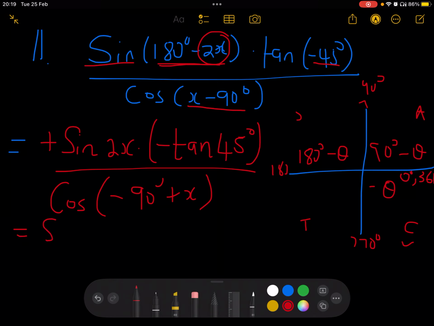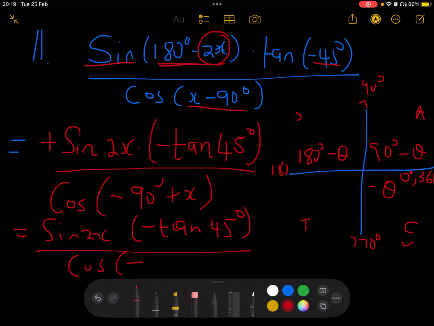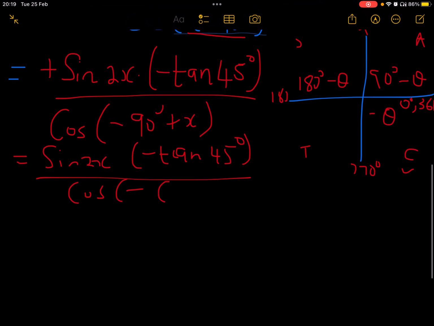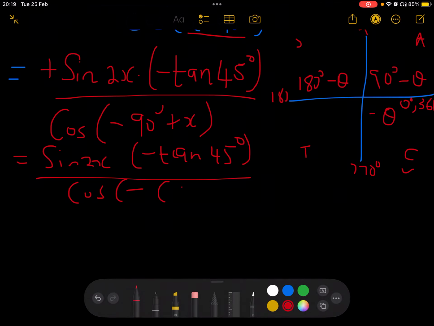Then in the next step I write sin 2x times minus tan 45 all over cos, and now I factor out a negative. When I factor out a negative here, it becomes a 90, and here it becomes negative x.